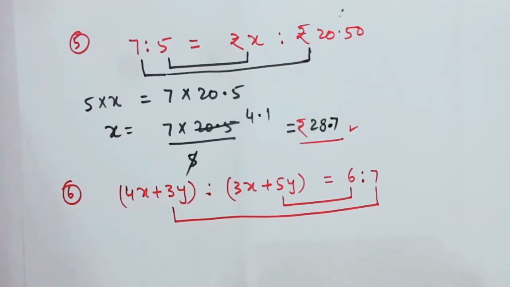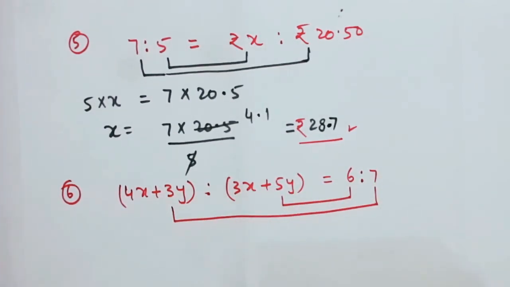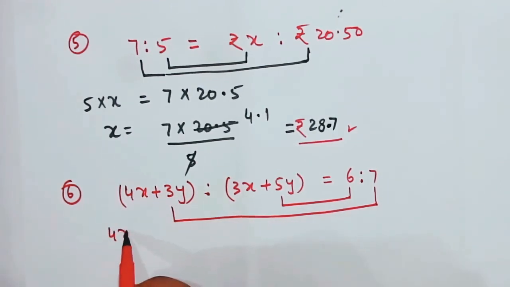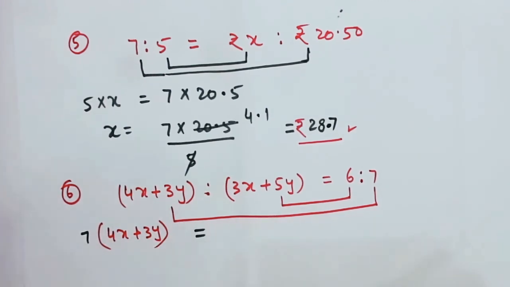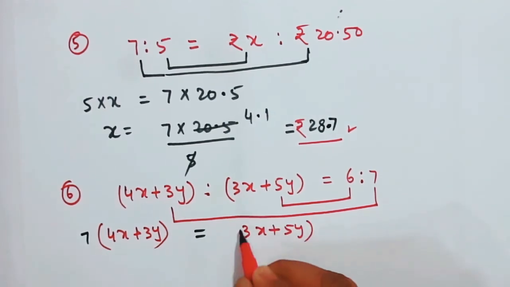Let us find the product of these two extremes. 4x plus 3y multiplied by 7 should be equal to 3x plus 5y multiplied by 6.